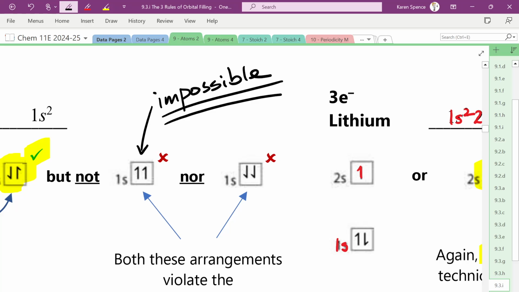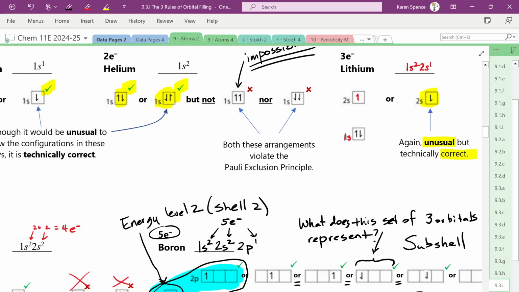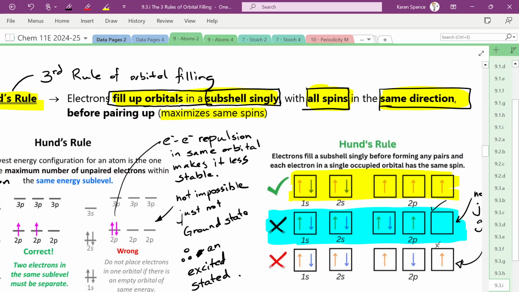Okay, when you solve that wave equation, there are 4 numbers in that wave equation that are solved for, and the spin up and spin down have to be different from one another. They have to be. It's a mathematical thing. Okay, so those are our 3 rules. The Aufbau principle. Who's the other principle? Pauli exclusion principle. And finally, we have Hund's rule. Okay.